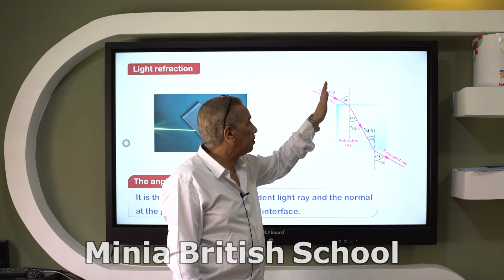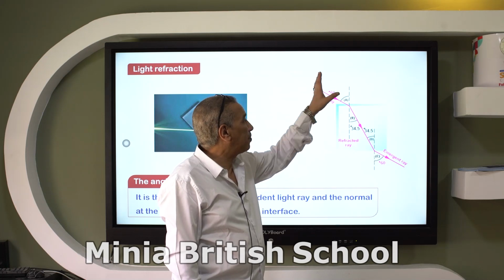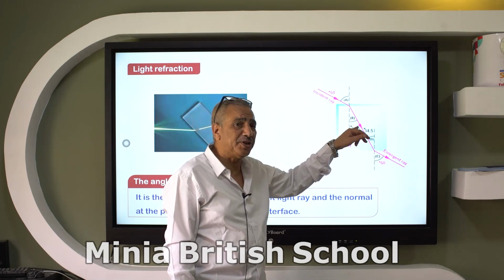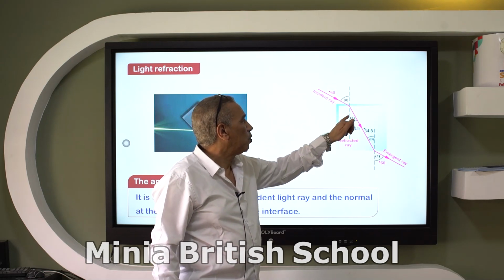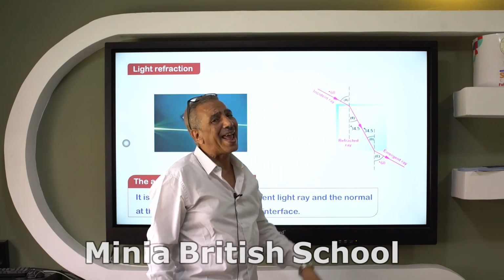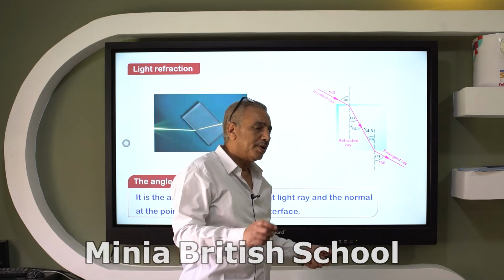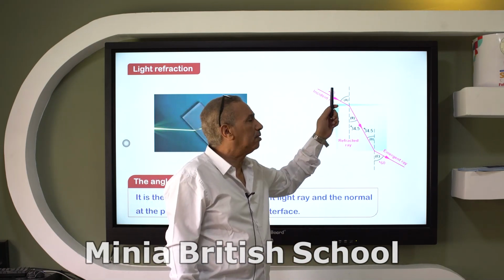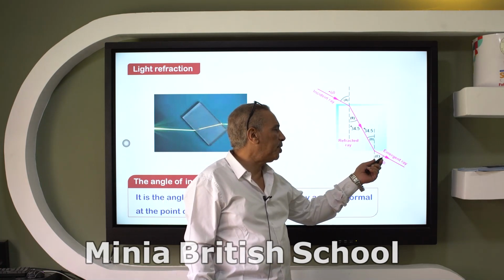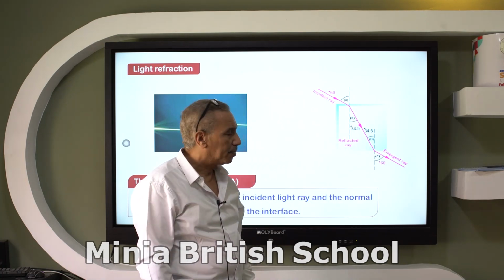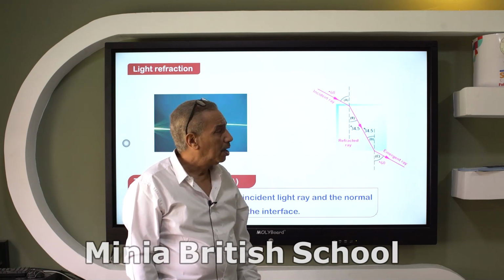If it travels from a low optical density medium to a higher optical density medium, I mean from air to the glass, in this case the incident angle will be bigger than the refracted angle. First, this is the incident angle, the refracted angle, and this will be the emergent angle.